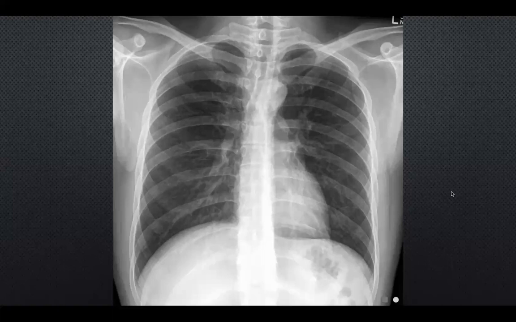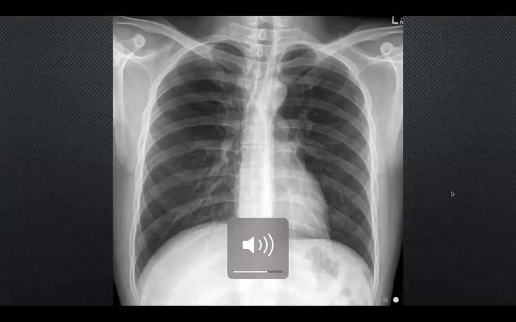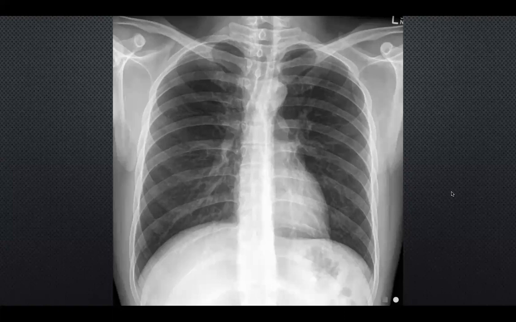And the lungs are more dark, and the backbone is a little bit visible. And the left side of the diaphragm is a little higher than the right side, and there is a normal cardiothoracic ratio. The heart is normal size. There is no problem with them. And in the upper side we can see the aortic arch as well, and the scapulae are a little bit visible. Thank you.